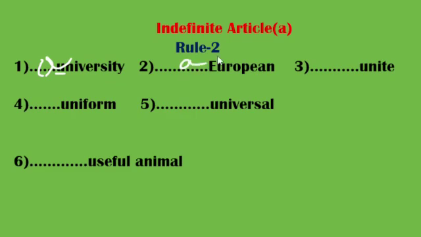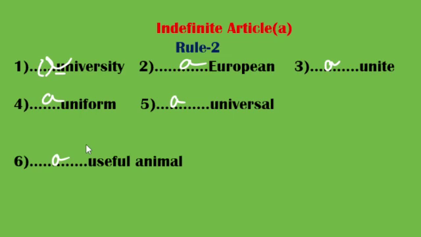In the same way, unite. Unite is a word which starts with a vowel letter, but the pronunciation given by unite is a consonant sound. That is the reason we have to use indefinite article a. Uniform, same, and universal, and this one also, useful animal.